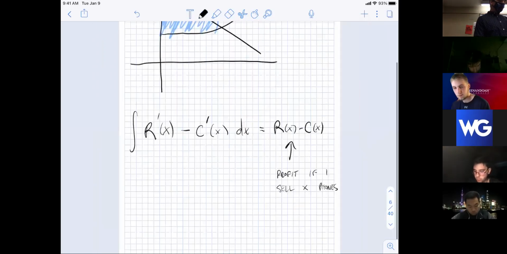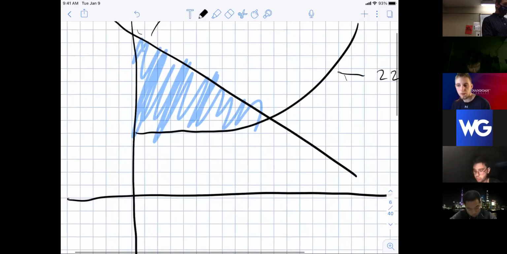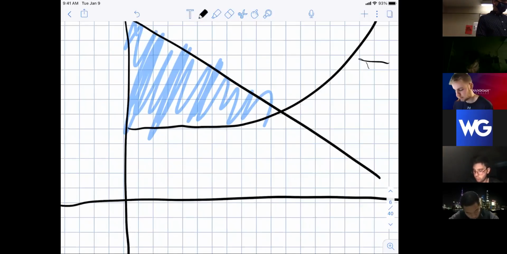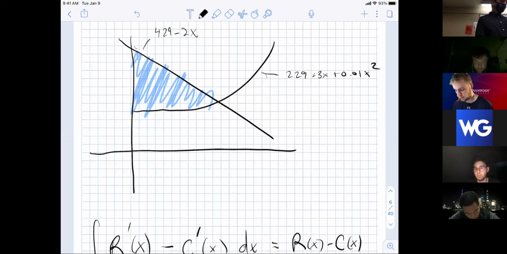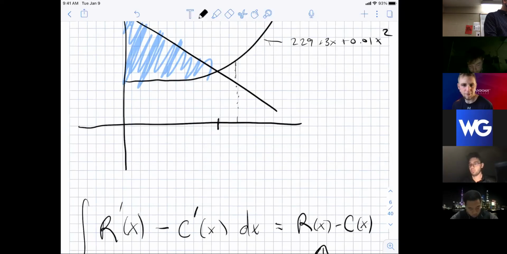Okay. So now looking at this graph, we integrated from 0 to this point where the curves intersect. So what does that mean? What if we had integrated from 0 to this point here, where the curves switch, where then the marginal cost is actually bigger than the marginal revenue?